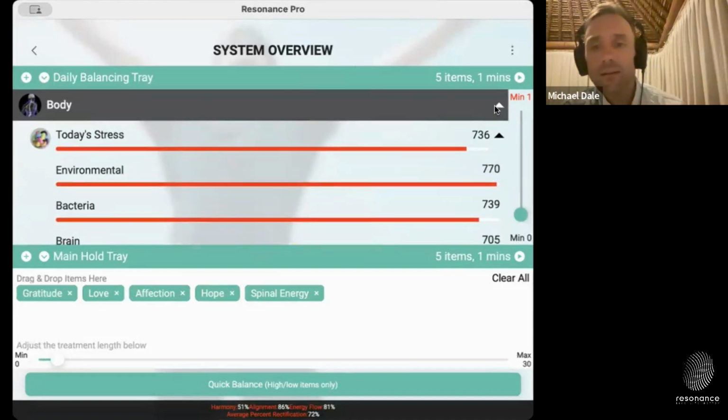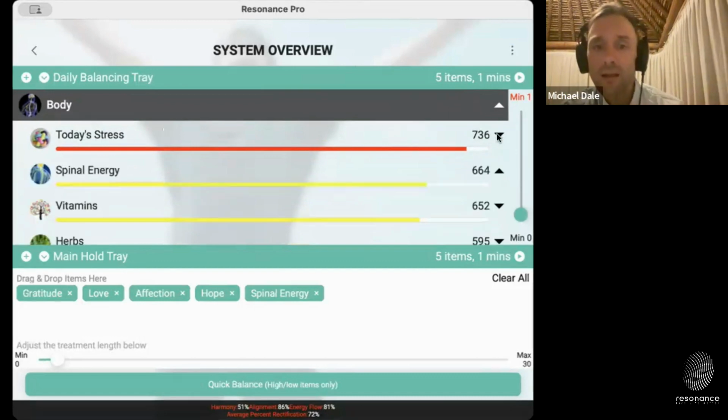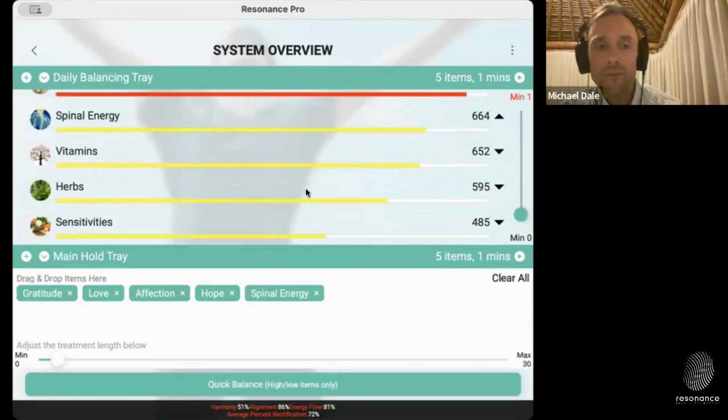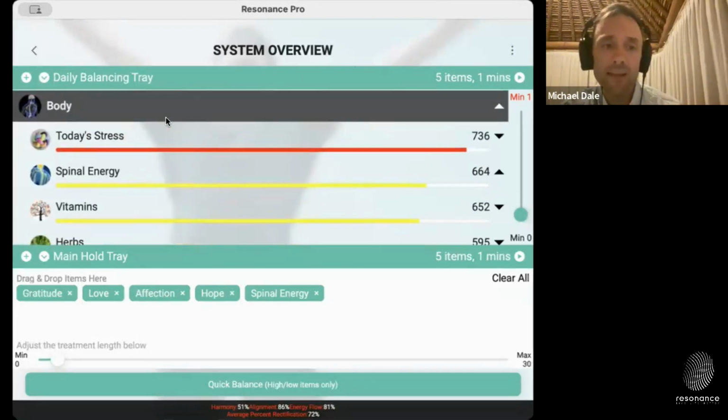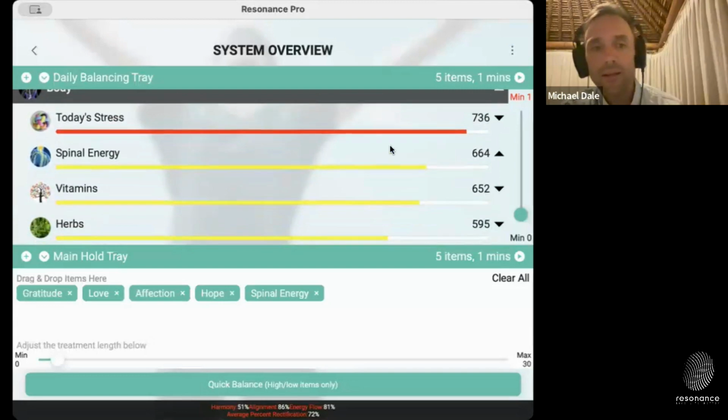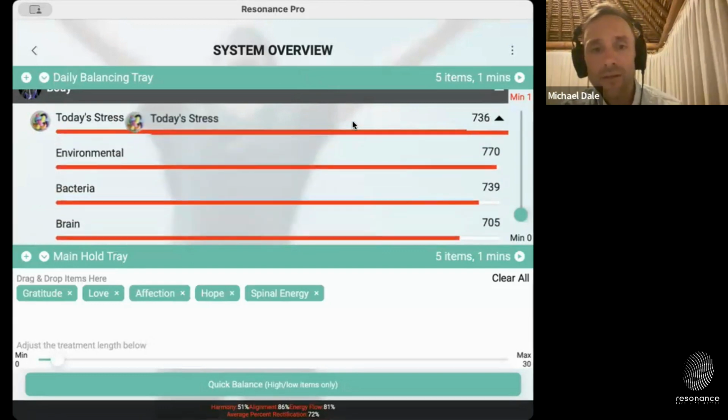So we've looked at the categories, we've looked at the subcategories, and then we've looked at the biomarkers within each subcategory. Okay, and we've learned that we can put an entire category into the daily balancing tray like this.